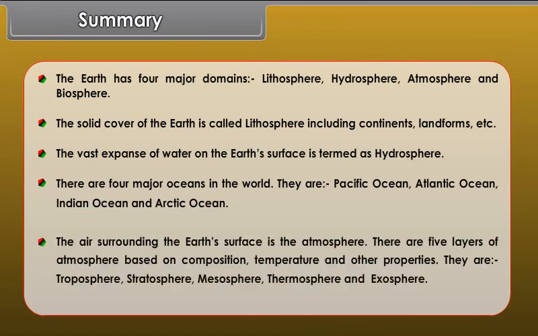The air surrounding the Earth's surface is the atmosphere. There are 5 layers of the atmosphere based on composition, temperature and other properties. They are troposphere, stratosphere, mesosphere, thermosphere and exosphere.